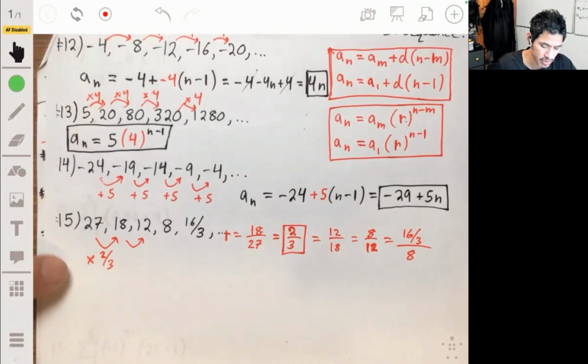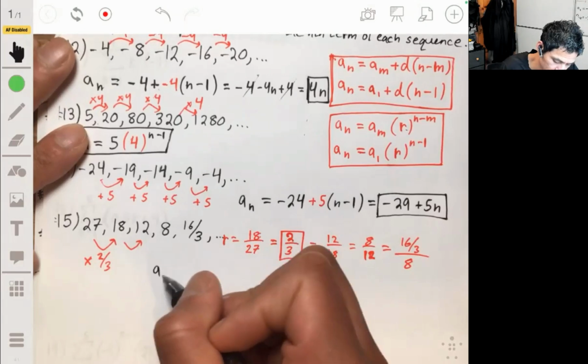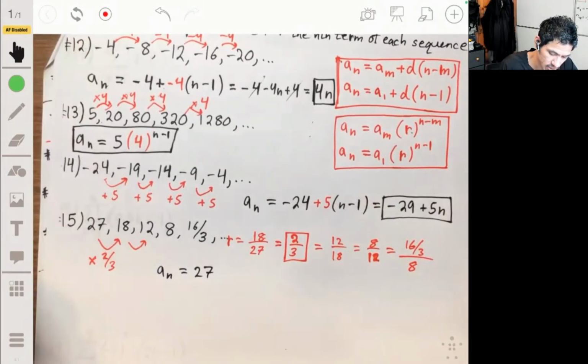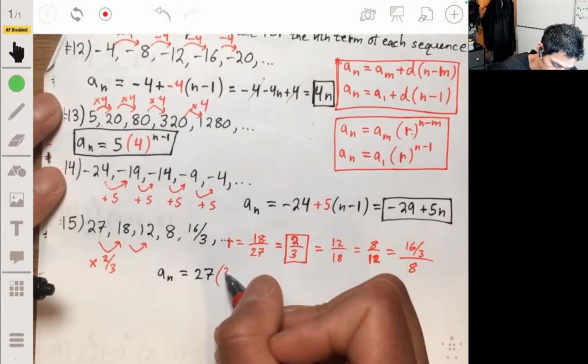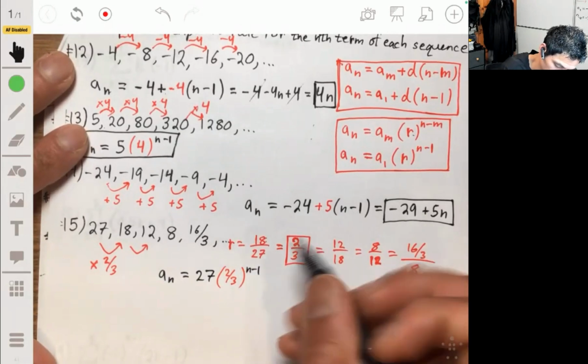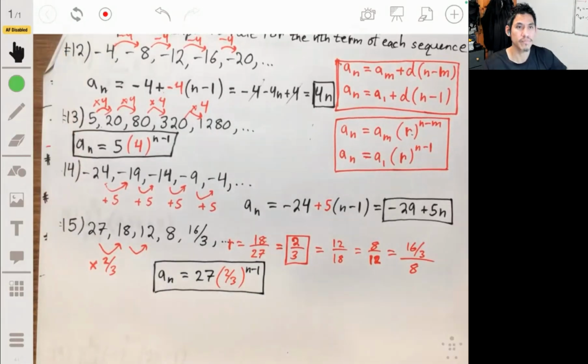So then our common ratio is 2/3. And so we're going to use this rule, where the nth term is equal to a1, which is 27, times 2/3 to the n minus 1 power. All right, there you go for those ones.